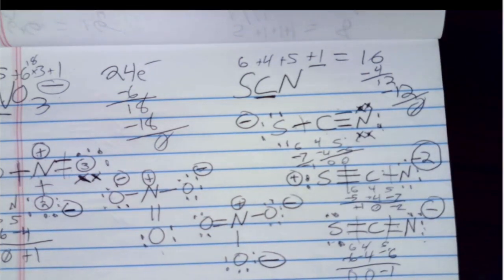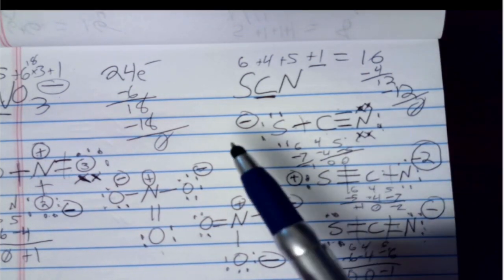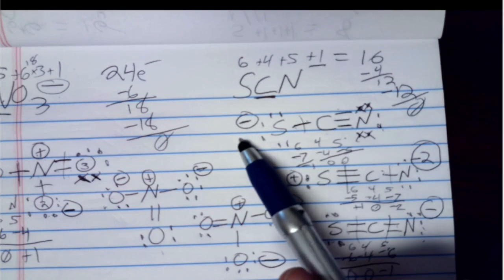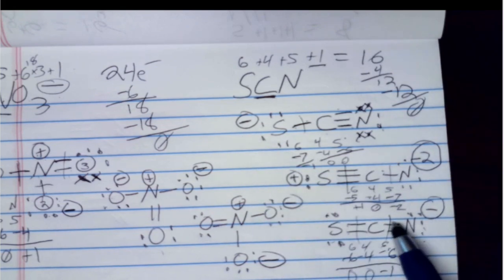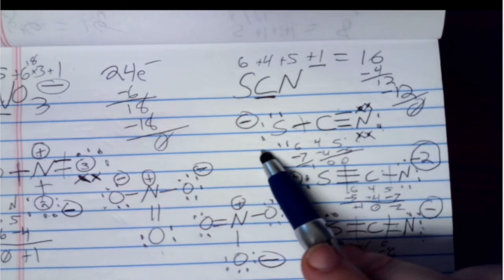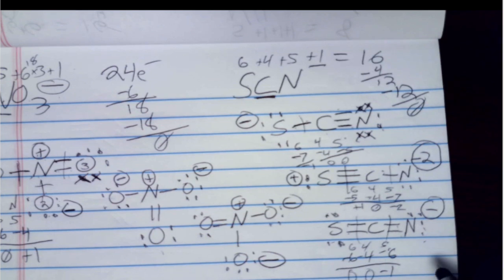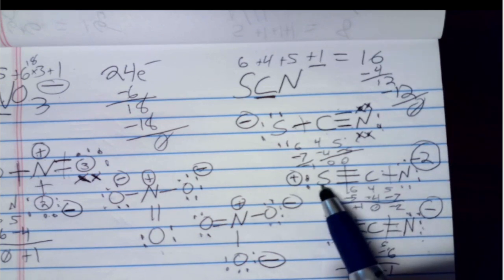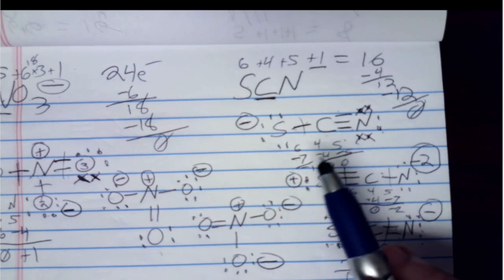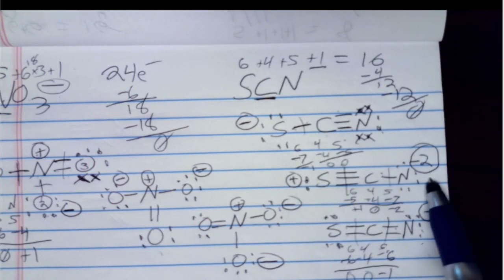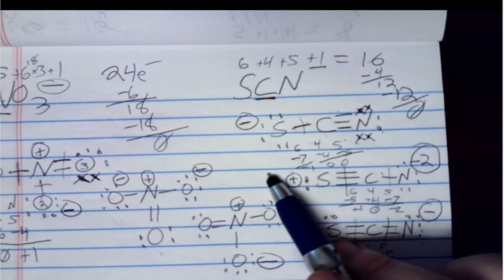So just by looking at these 3 structures, this guy is similar to this guy. The only difference is we put the negative 1 on the S versus negative 1 on the N. This guy is the worst structure. It has 1, 2, 3 formal charges. This guy has 1 and 1.